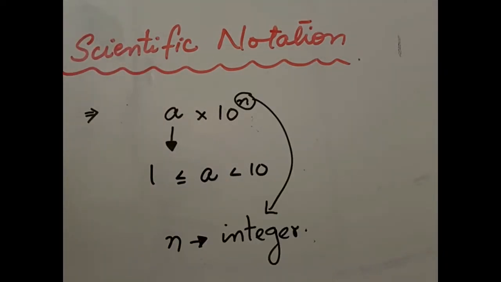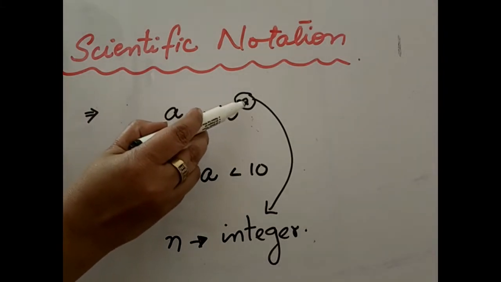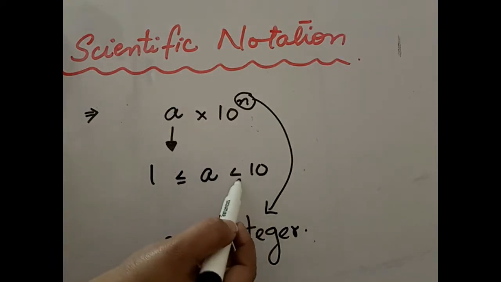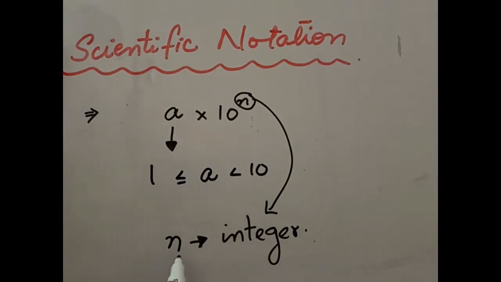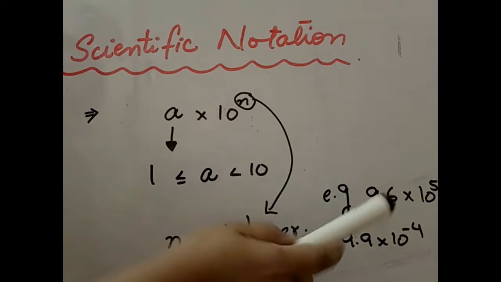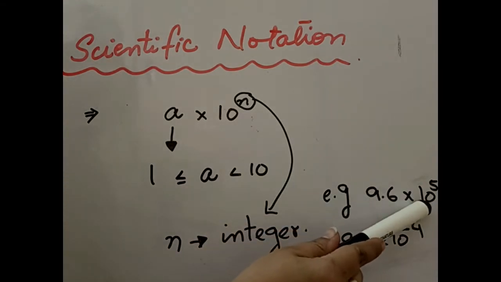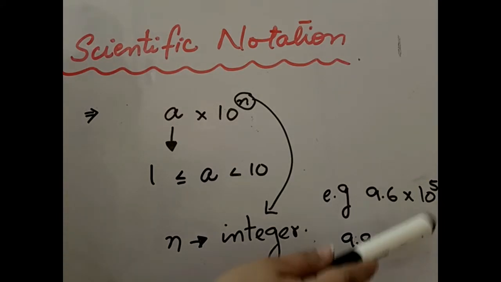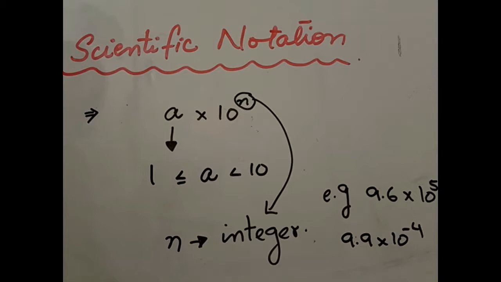So if we are writing an ordinary number into the form of a cross 10 raised to the power n, where a can vary from 1 to less than 10, it can be 9.5, it can be 9.1, 9.7, but it must be less than 10, and n must be an integer. For example, 9.6 multiplied by 10 raised to the power positive 5 and 9.9 multiplied by 10 raised to the power minus 4. These both are in the form of scientific notation.